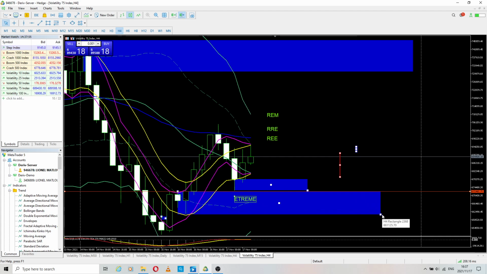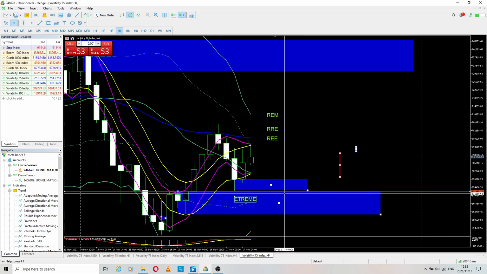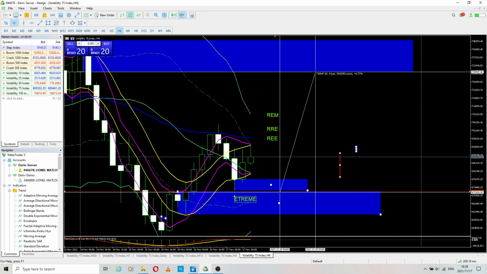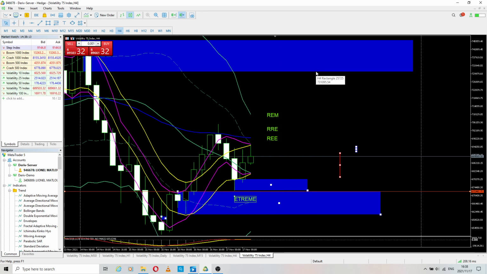Then you're going to wait for the market to come back to this area that broke this one. So if you take a trade here, you'll be taking your trade from here, then that will be your final take profit somewhere there. But for now, because I'm talking about a re-entry, I'm talking about this area here where things happen.